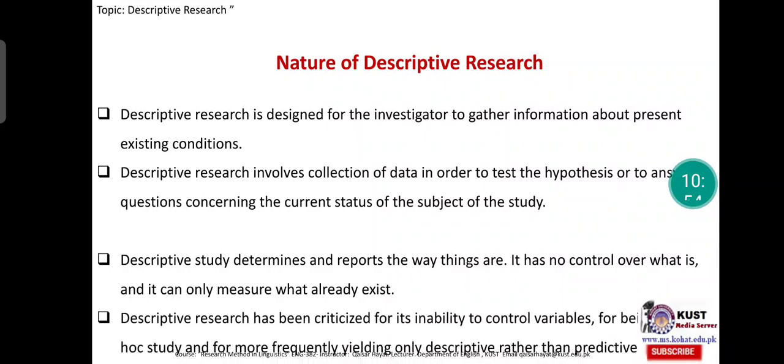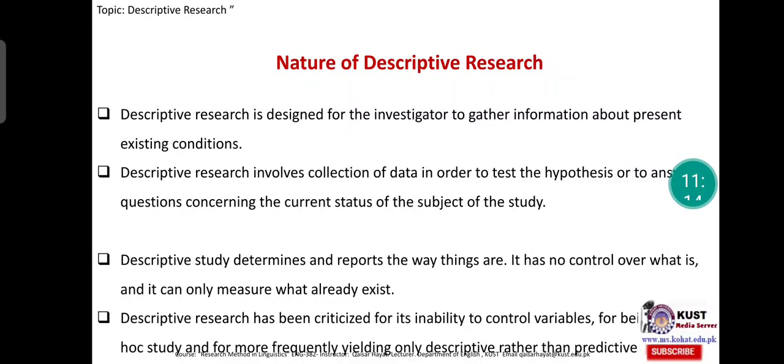Another point is that descriptive research has been criticized for its inability to control variables in the study, and for more frequently yielding only descriptive rather than predictive results. Students, predictive research is different.